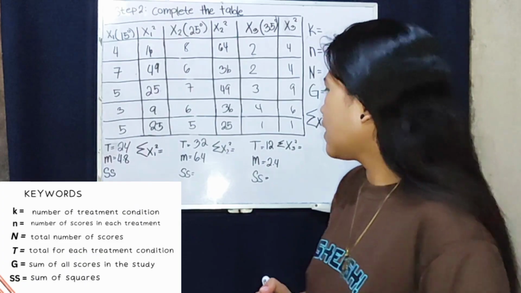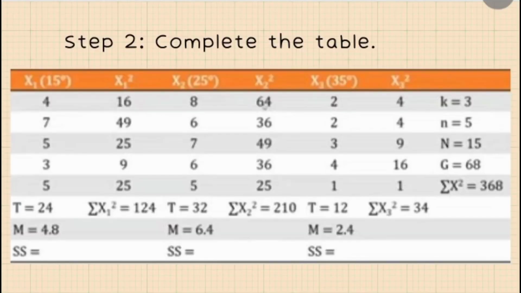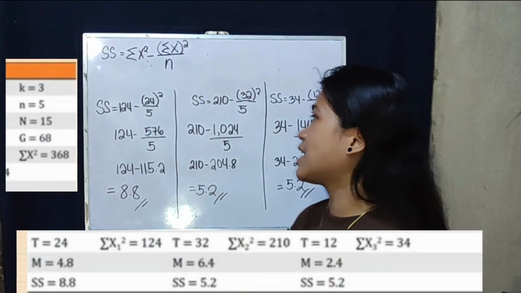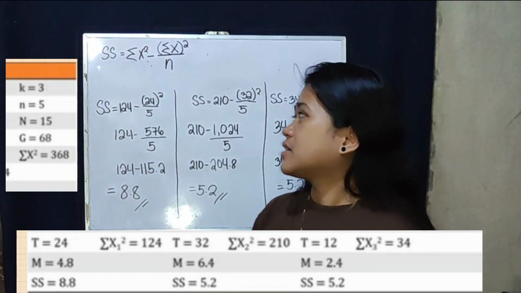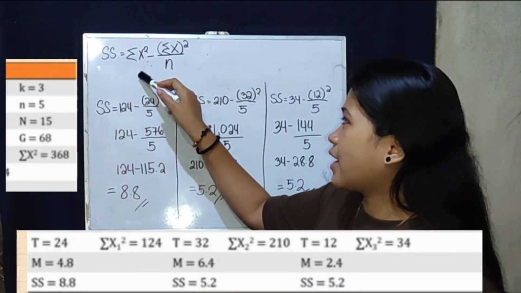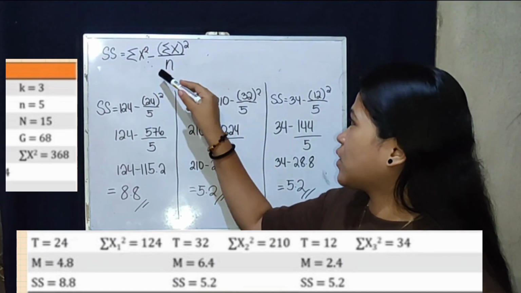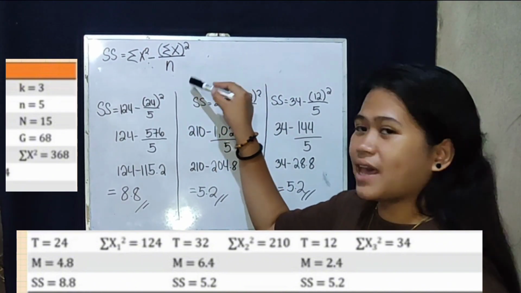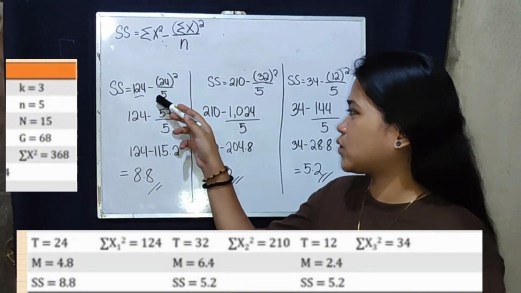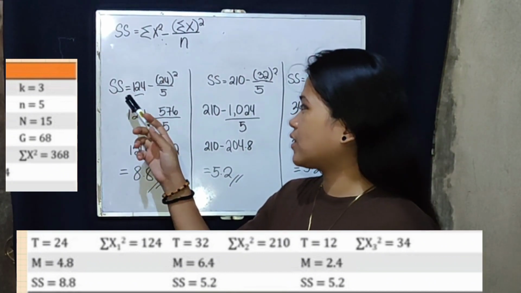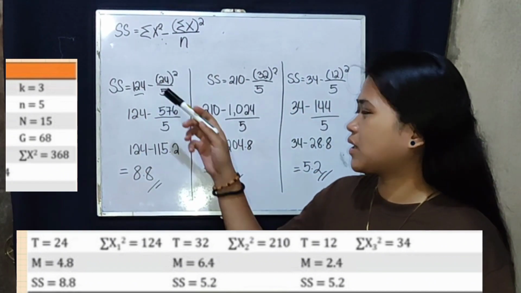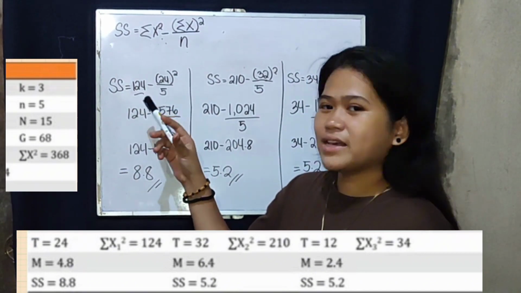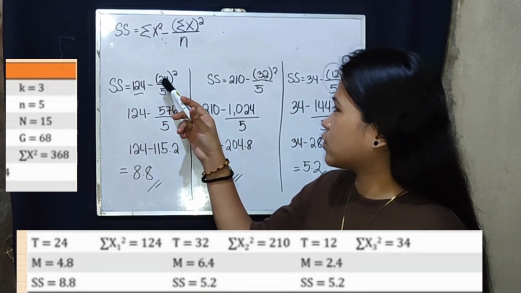So, as you can see guys, ang sum of squares na lang ang atong wala pa nahuman. So, unsa may formula sa sum of squares? Sum of squares equals summation of x squared of that group minus summation of x quantity squared divided by n. So, una itong first group. Atong 124 kay mao ni ang summation of x sub 1 squared, then minus 24.